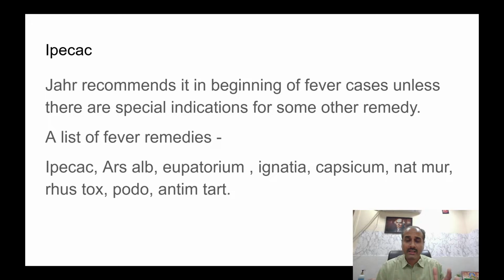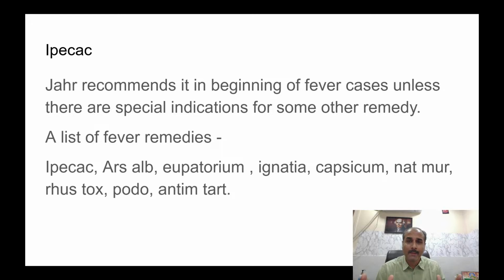Now, next he describes how Ipecac is different from other remedies: arsenic album, eupatorium, ignatia, capsicum, natrum mur, rhus tox, podophyllum, antimonium tart. You need to open Leaders in Homeopathic Therapeutics. You open the physical copy and you will read the remedies, because all the apps will give you a distorted view.